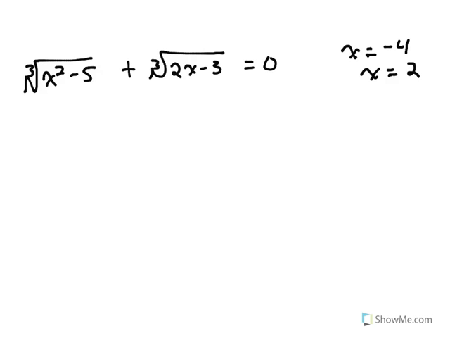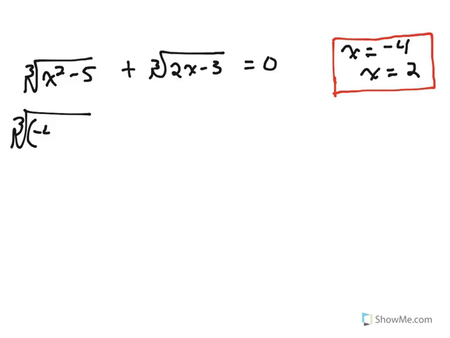And remember, the solutions we found were x equals negative 4 and x equals 2. So let's start with the negative 4. We're going to replace the x's with negative 4 and solve to see if our equation does in fact equal 0.